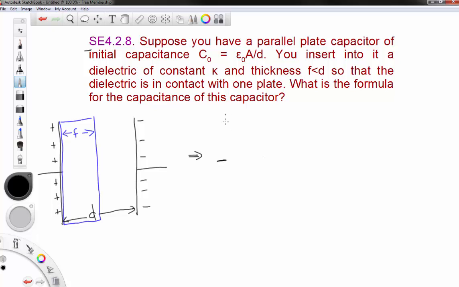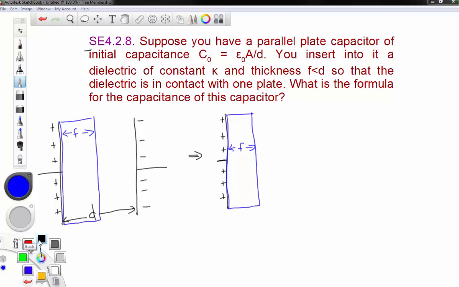We can put in our positively charged first plate. Then we can say, suppose that we treat it by saying that here is the dielectric again. So again, this is thickness F. But we're going to redraw this pair because you can always draw a pair of otherwise identical parallel plate capacitors as being a pair in series.